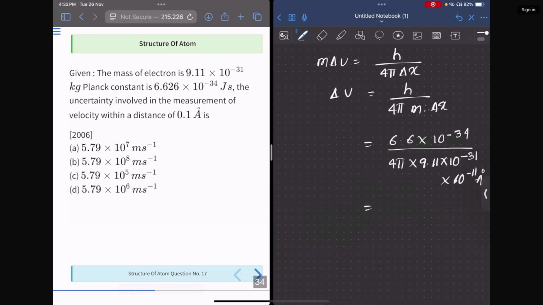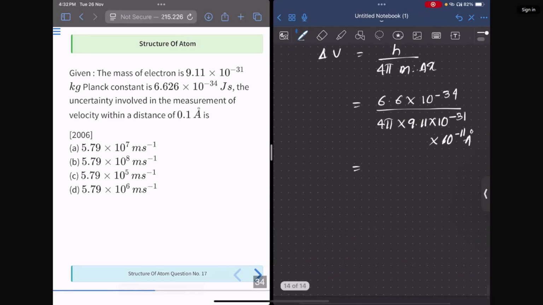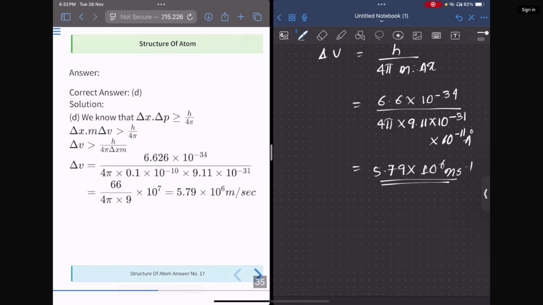Okay. So the answer will be 5.79 into 10 to the power 6 meter per second. Option number D. Okay, the correct answer is option D.